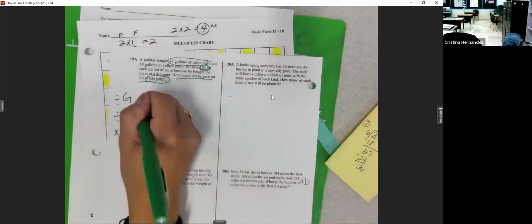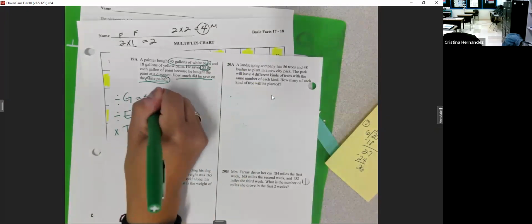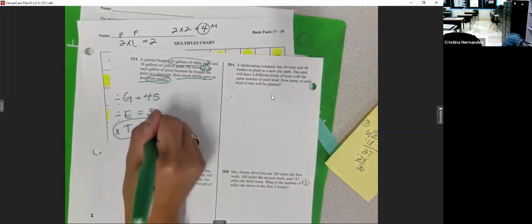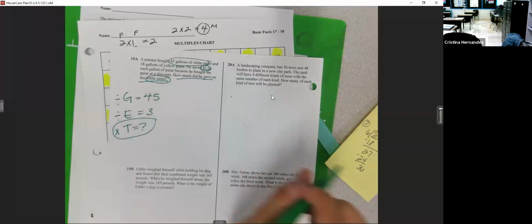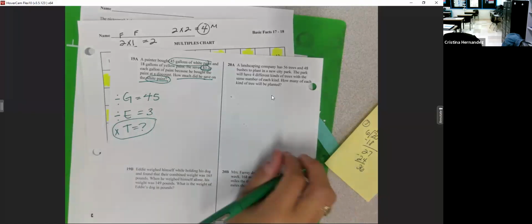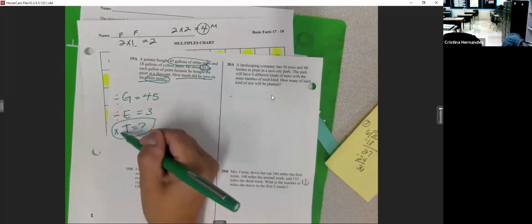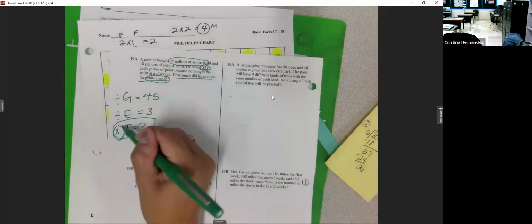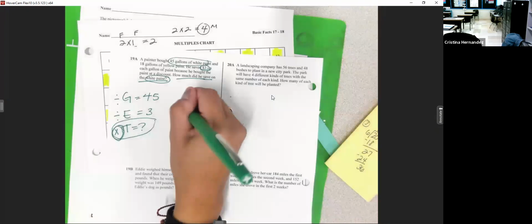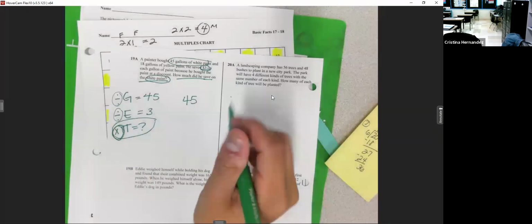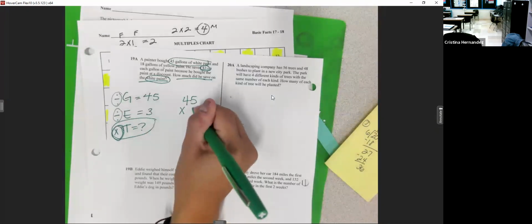So our groups would be 45 and our each would be 3. So what are we going to do here to find our total? Multiply. That's why I put the X here. You're going to multiply. That's why you have to put these signs here, so you know if you're going to multiply or divide.